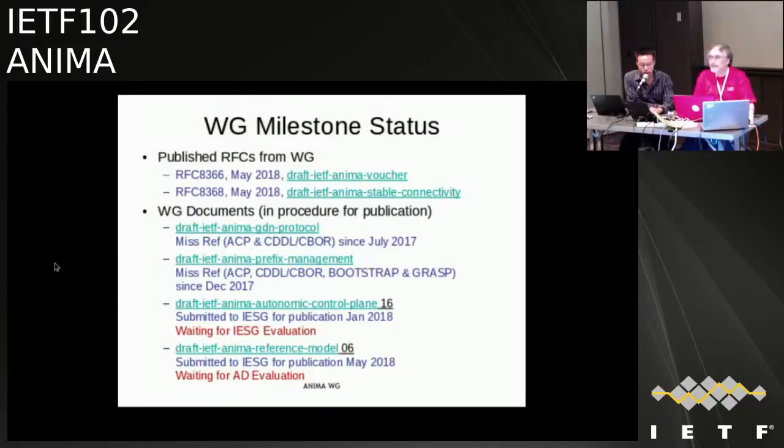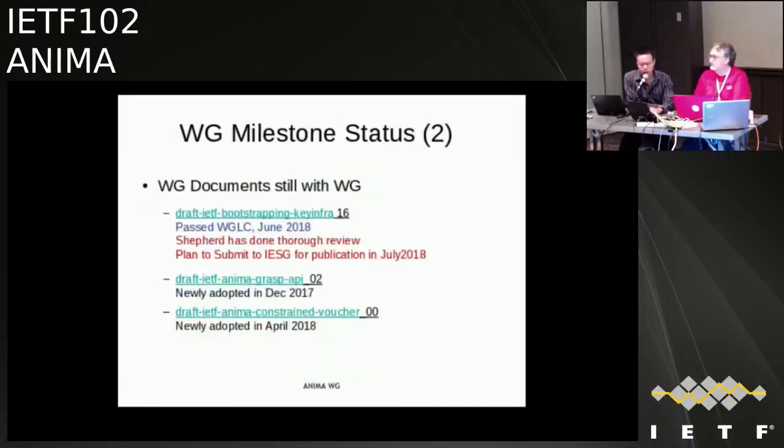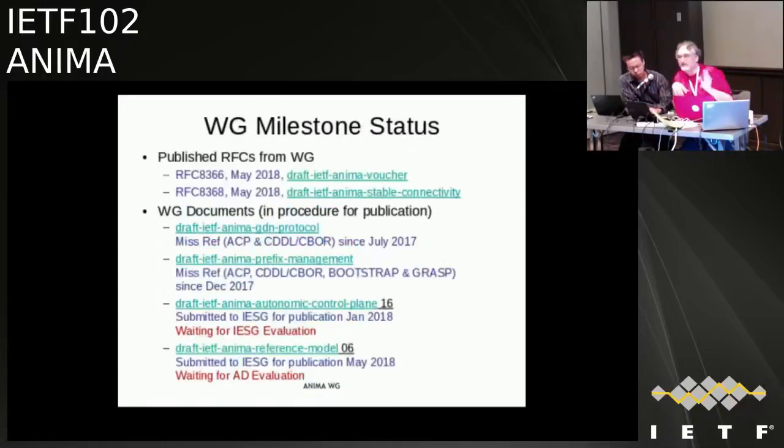And we have the reference model submitted to IESG in May, and still waiting for the AD evaluation. So the quick summary: the original goal, the first round, was 7 documents, and 2 are out now, since last IETF. 2 are still held hostage in the RFC editor queue. So it's the 3 others that we're pushing through to get all the remaining 5 released.